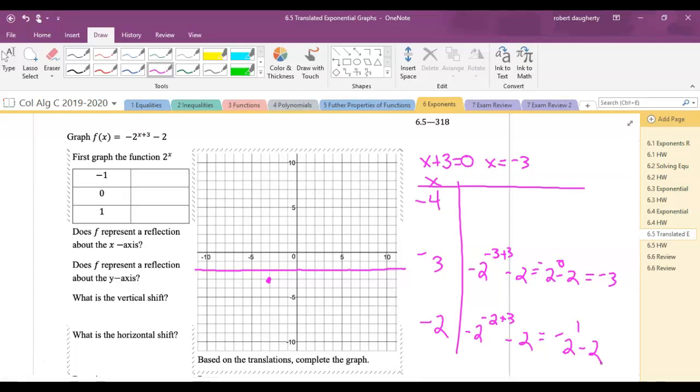Negative 4. So this point is negative 2, negative 4. Okay. Can you see what this graph is doing now? Yeah, so this one you can tell this is what it's doing.